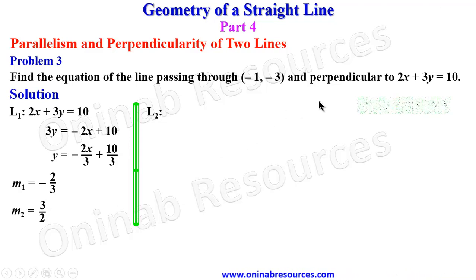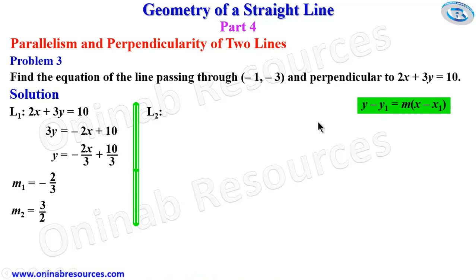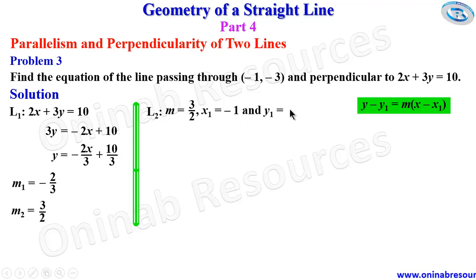So it's a case of one point and the gradient, and this is the relation where our m is going to be m2, which is 3 over 2. Our x1 is negative 1, y1 is negative 3. We then substitute into this relation to get the equation.